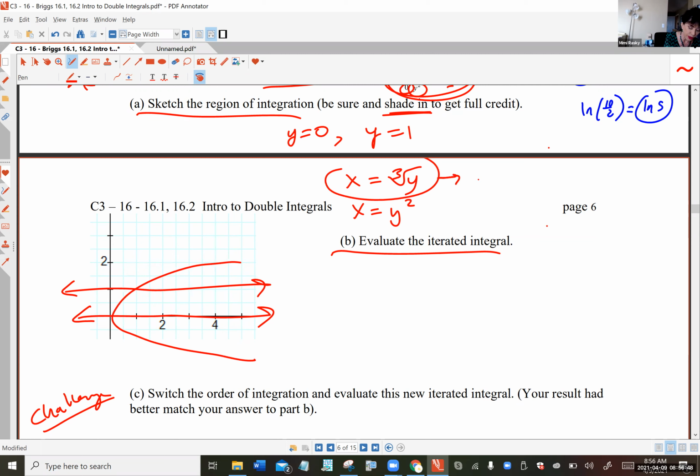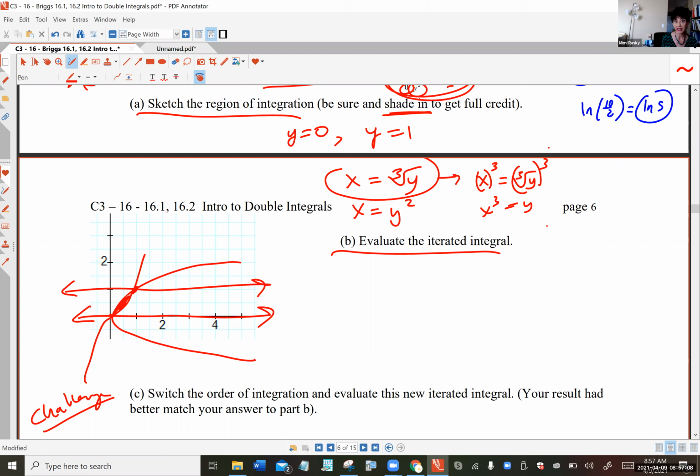But a simpler way is to solve for y, and it'll be a little bit easier to graph. So if you cube both sides of the equation, you'll get y equals x cubed, which is a little easier to graph. Now, when you graph that, it ends up being this teeny tiny little sliver.